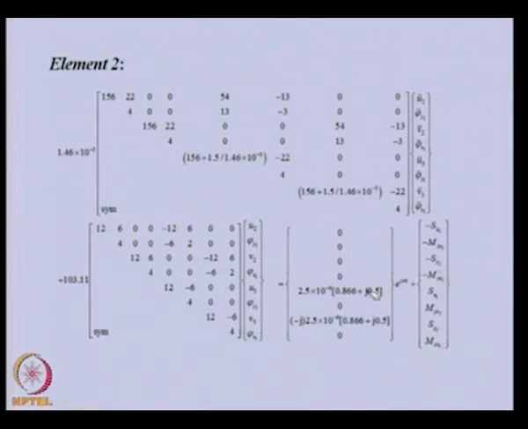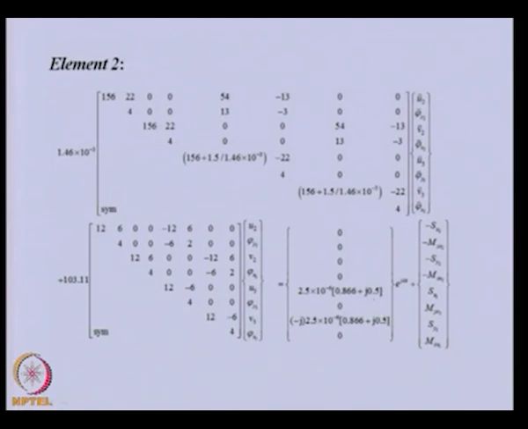But now you can see this is the unbalanced force. This is the unbalanced force corresponding to node 3, because the disk is at node 3 of element 2. Because we have both plane motion, this is the horizontal force component and this is the vertical force component of the unbalanced force.